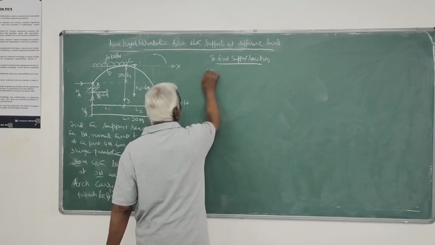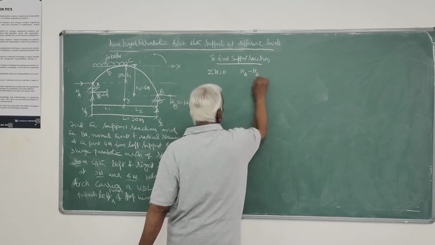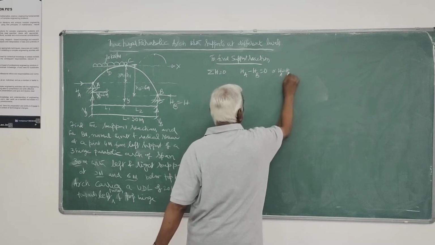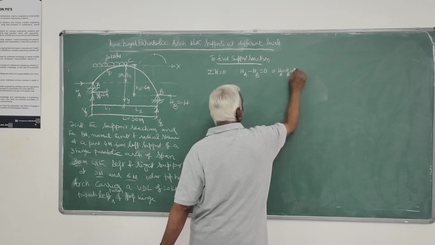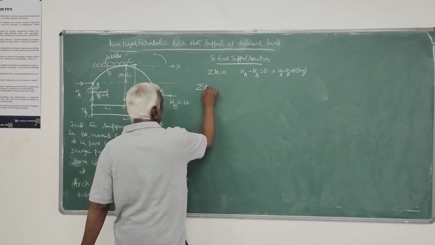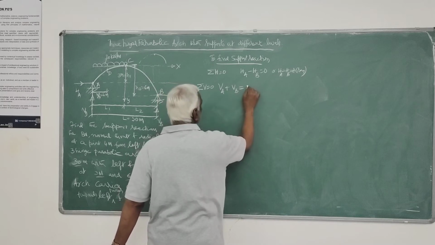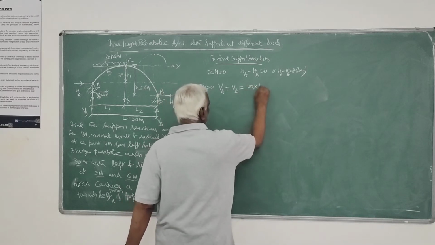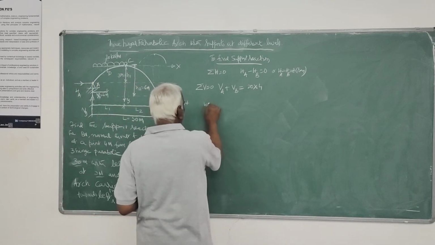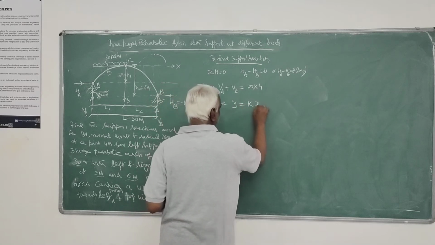So using sigma H equals 0, we have HA minus HB equals 0, or HA equals HB equals H. Then using sigma V equals 0, VA plus VB is equal to 20 into L1. We determine L1 using y equals kx square.